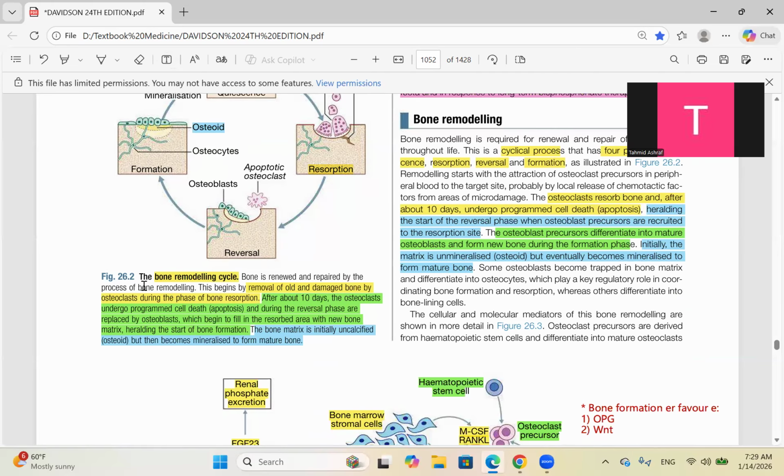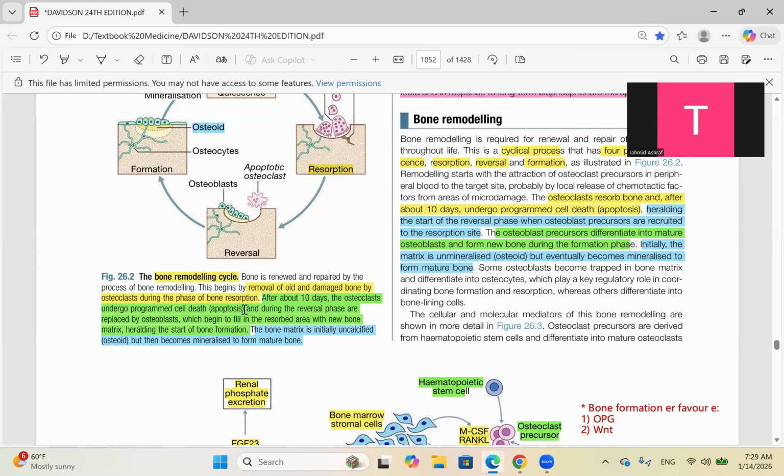So let's read this. The bone remodeling cycle. Bone is renewed and repaired by the process of bone remodeling. This begins by removal of old and damaged bone by osteoclasts during the phase of bone resorption. As I said, the role of osteoclasts is sometimes beneficial because old bones and damaged bone tissue that are not useful for us are destroyed by osteoclasts.